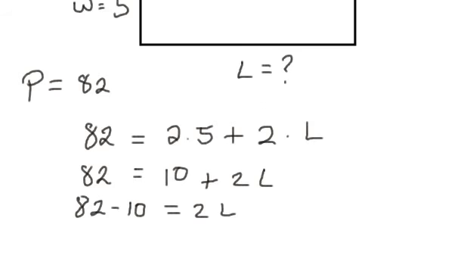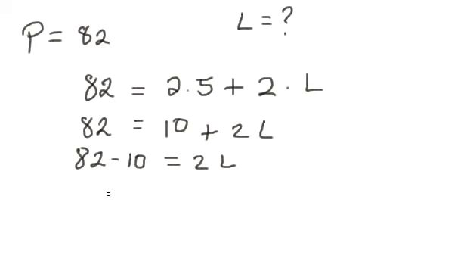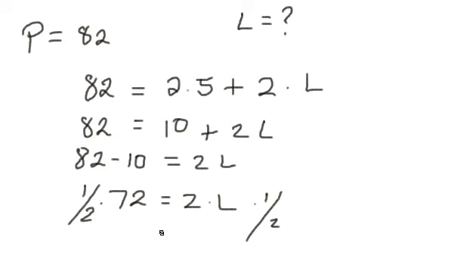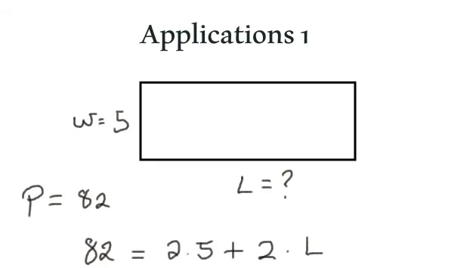And 82 minus 10 will be 72. And multiply both sides by a half. Got to get rid of this 2 somehow. And we have L is going to be equal to 144. So 144 feet.